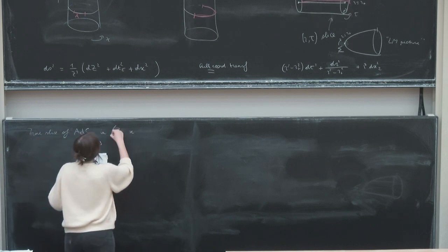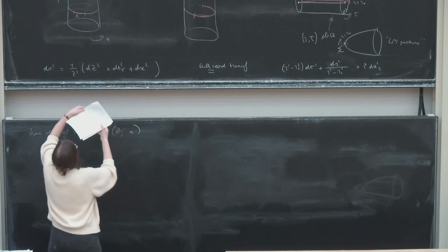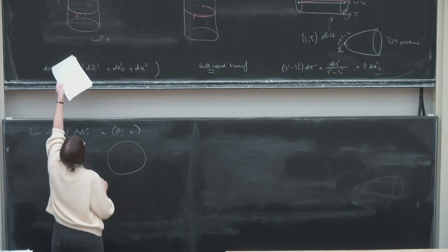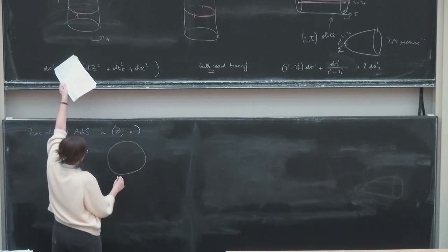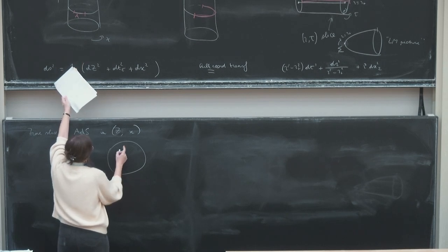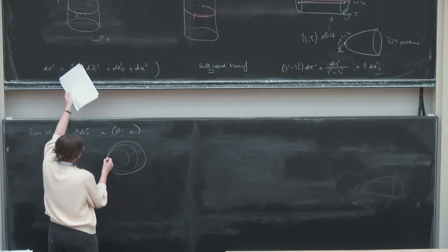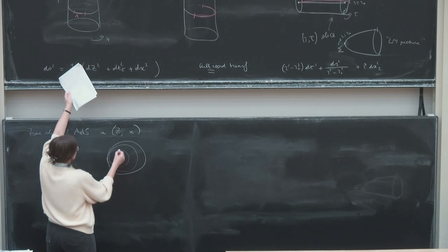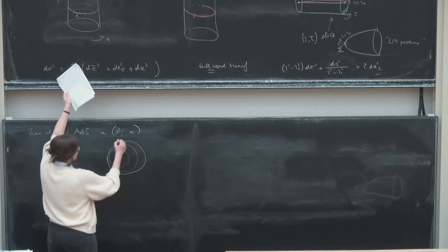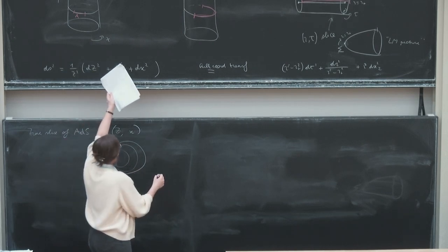So ZX coordinates, a time slice. So I'm looking at a time slice there. In ZX coordinates, circles of constant Z would look like this, where X runs from minus infinity to infinity here. So going all the way around.